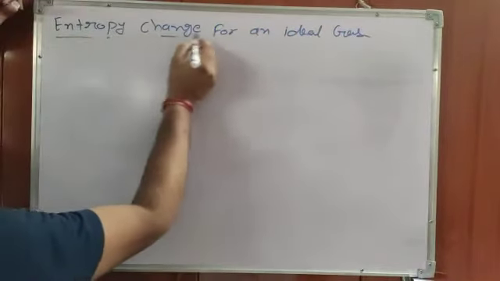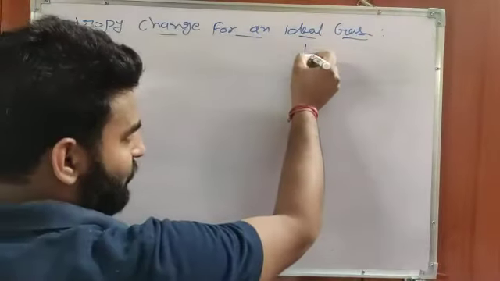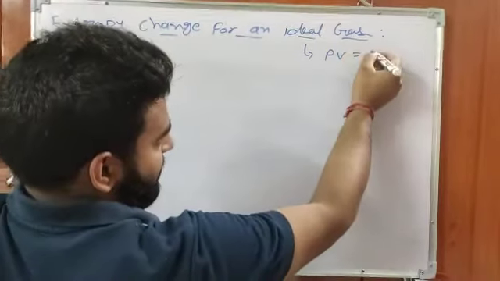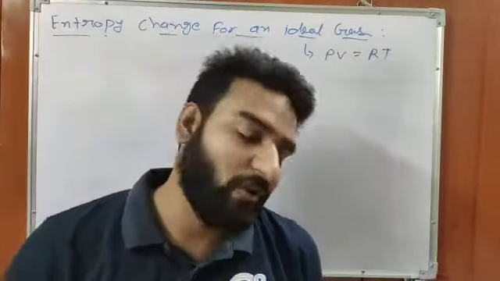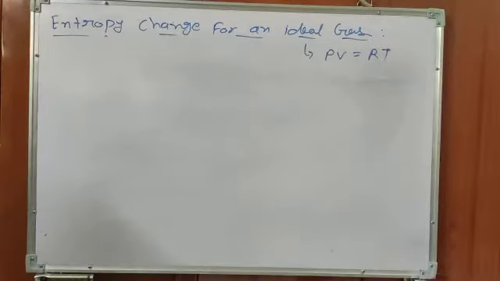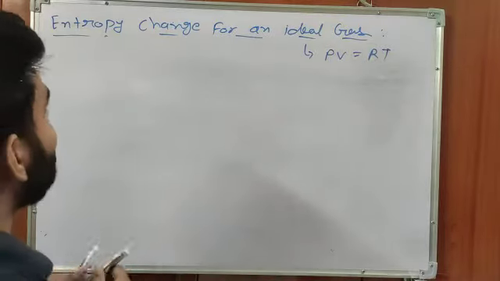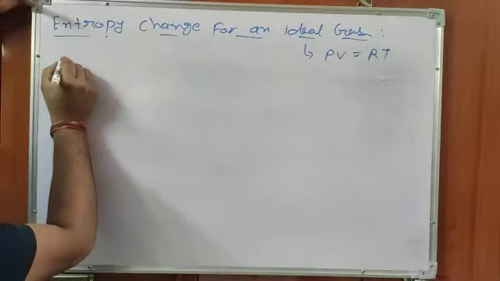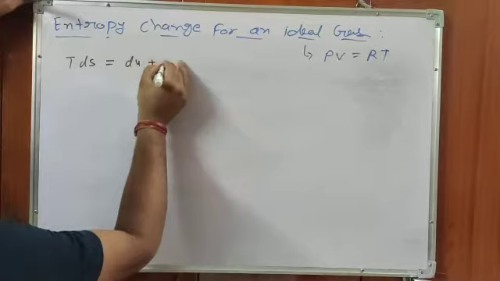I have already told you about the ideal gas, which follows the law PV equals RT. Here we have a constant, whatever mass we are taking. Now we are going to calculate the entropy change for an ideal gas. So we start from the TdS equations which we derived earlier. TdS is equal to dU plus P dV.